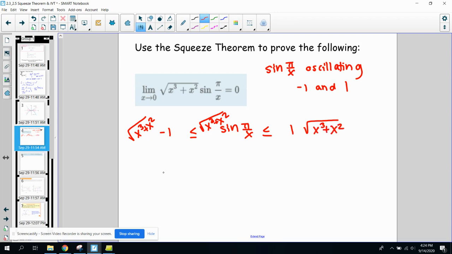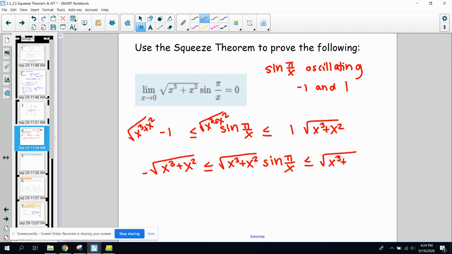So this gives me negative square root of x cubed plus x squared is less than or equal to the square root of x cubed plus x squared sine of pi over x, which is less than or equal to the square root of x cubed plus x squared. So again, we have that function in the middle, which is what we want.